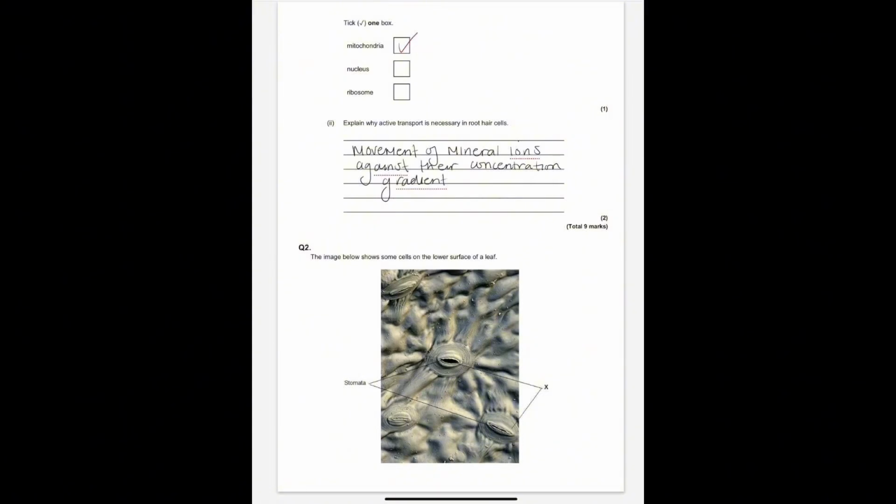Now, a lot of students really struggle with active transport. What you need to understand about active transport is that it's going against the concentration gradient. When it's going against the concentration gradient, it means it's going from, let me show you here, low to high.